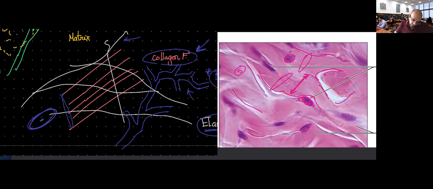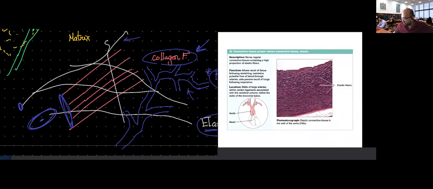So a collagen fiber has a larger diameter compared to the elastic fiber, which has a much smaller diameter. Knowing this, those are going to be collagen fibers. Yes. So number 5 here is going to be collagen fibers.